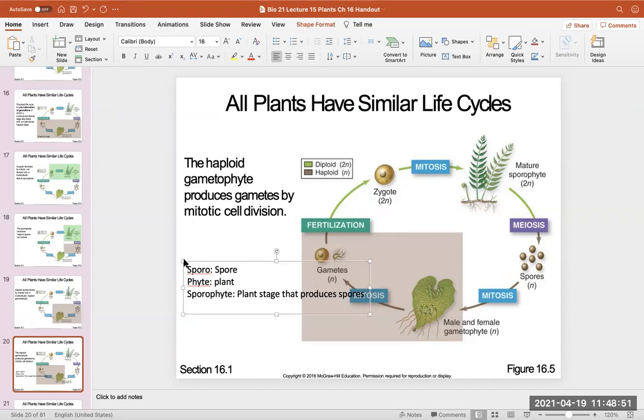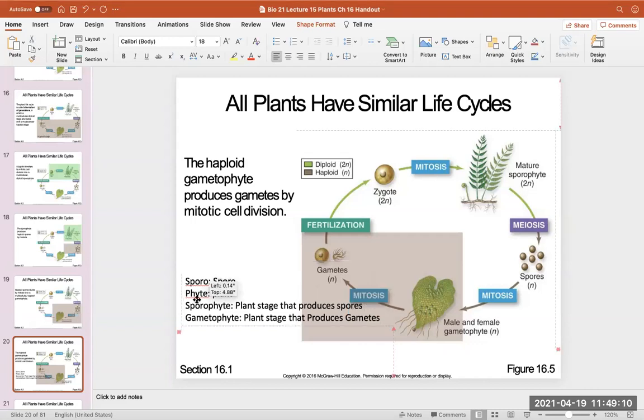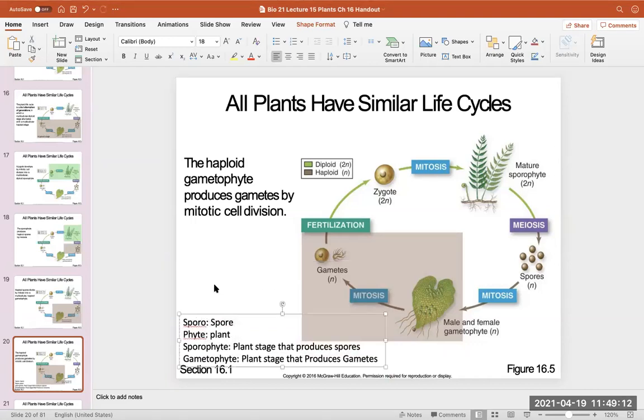And then gametophyte, the plant stage that produces gametes. So that's the vocabulary, that's where the names are coming from.